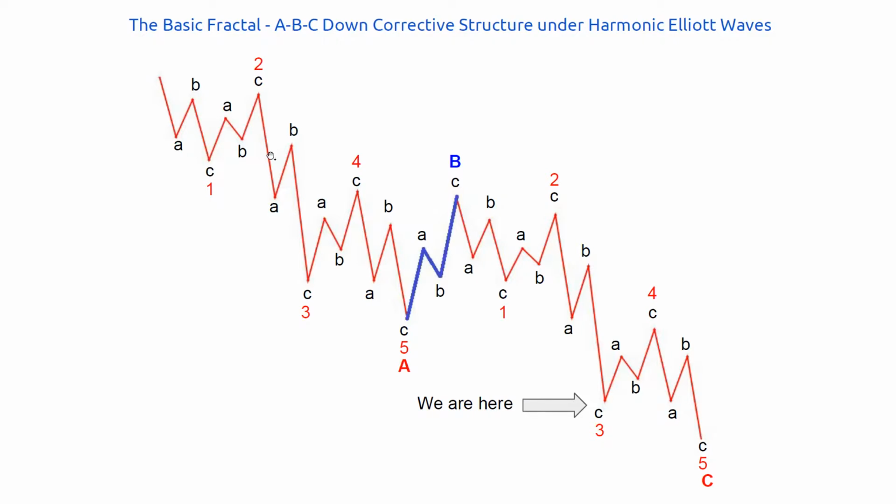Okay, let's get to the basic fractal model, just to understand where we are. So here was the top made by Russell in January 2018, and in the most bullish case we can get a corrective ABC move down, and that was a very sharp A down, then a corrective looking B up, and here we are in the second leg down, which has to be shaped as a 5-wave move down.